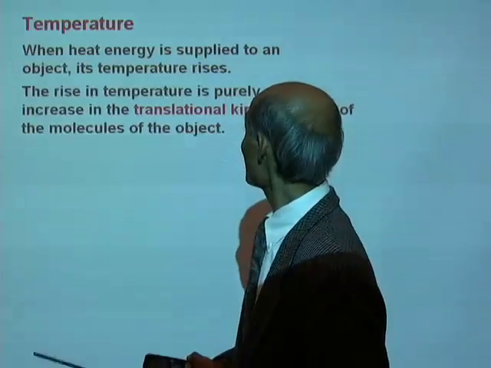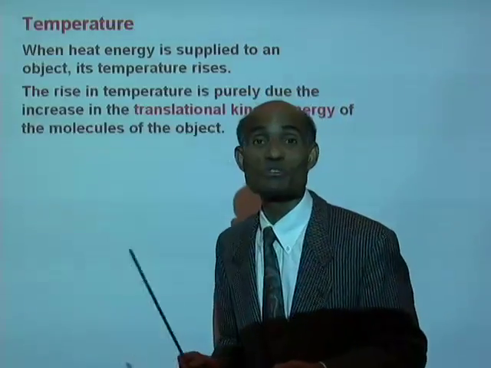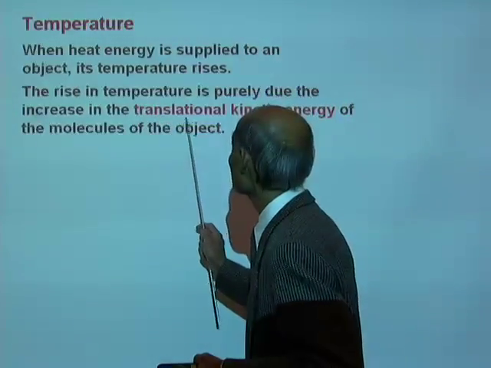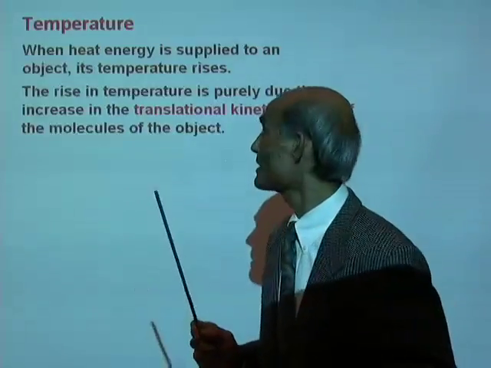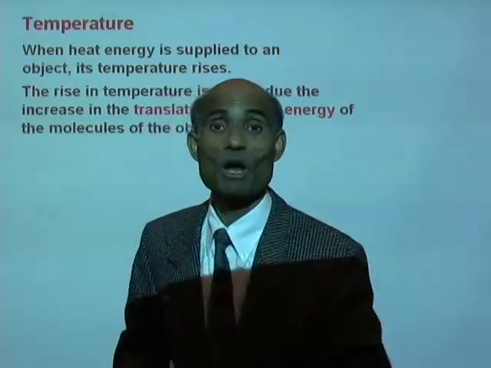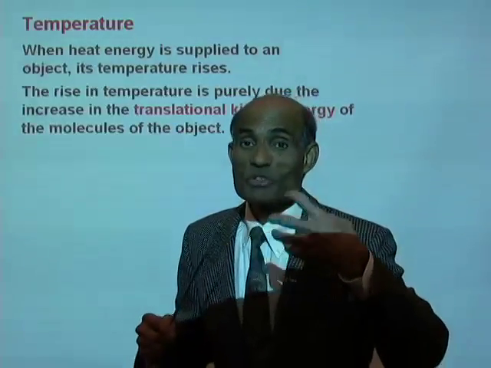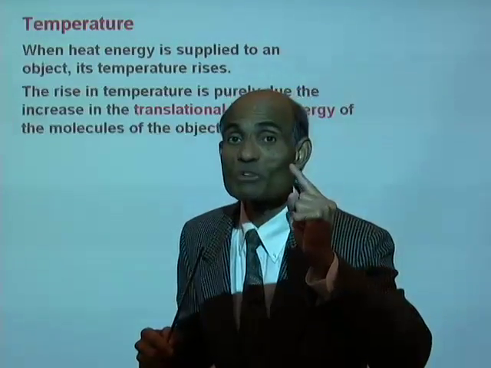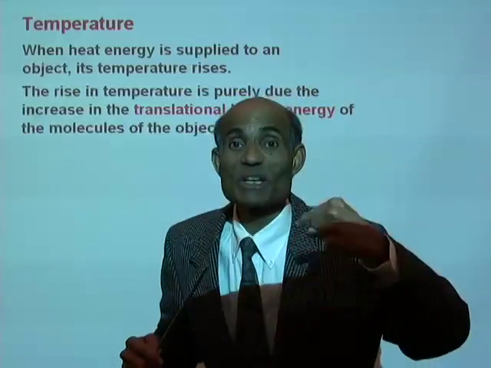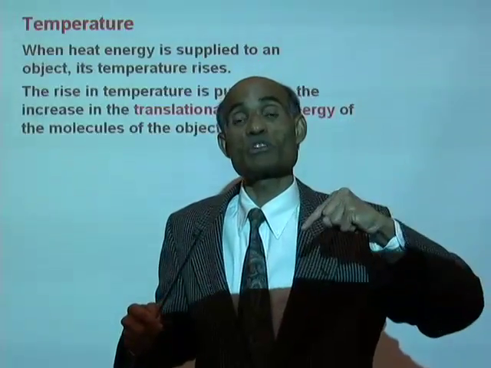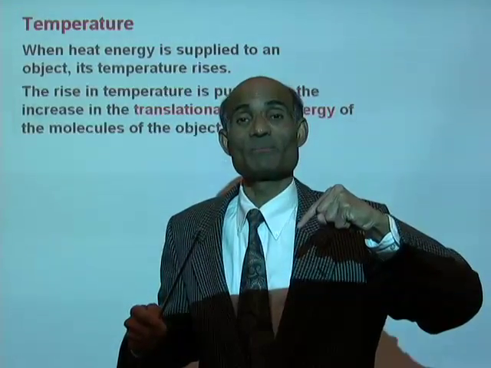Now, the rise in temperature is purely due to the increase in the translational kinetic energy of the molecules of the object. In other words, the temperature increase is purely due to the increase or decrease in kinetic energy.